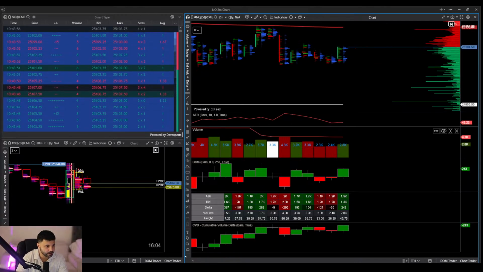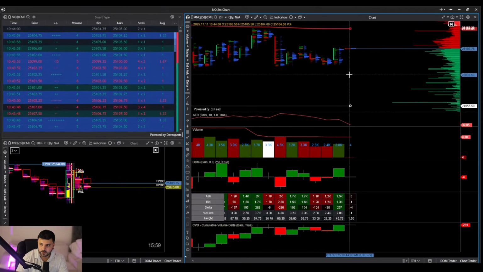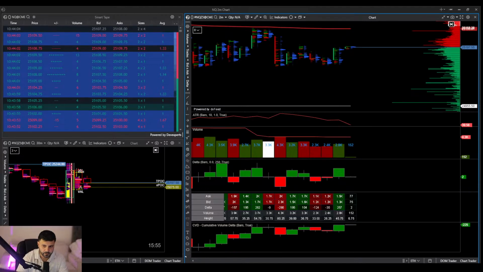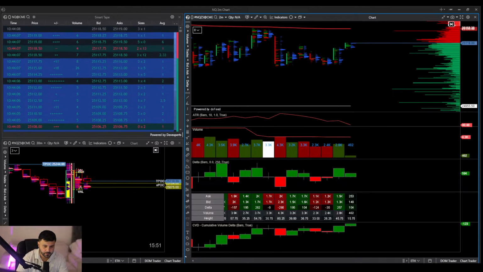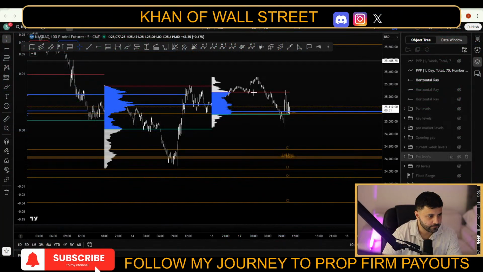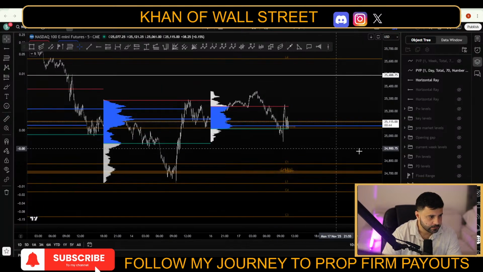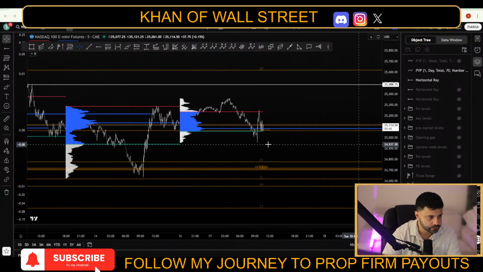Yeah, I trade order flow, footprint data. We have volume profile, so we have volume profile trading and gamma exposure levels. A little bit different to most YouTubers.